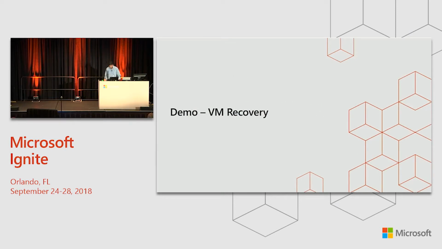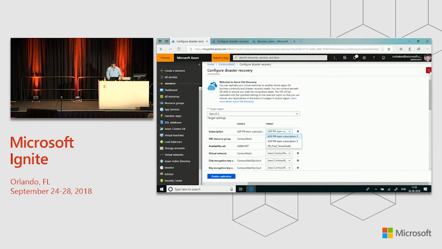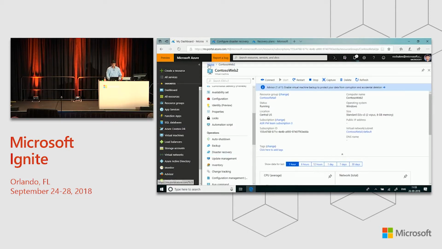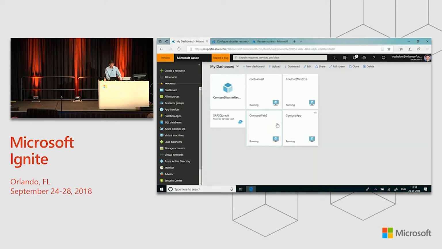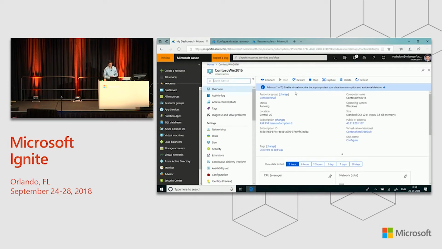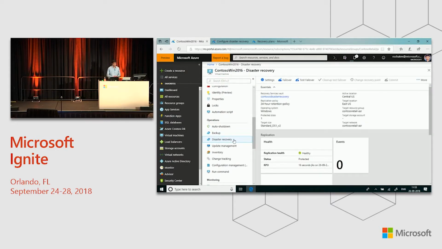Now let's go back and see how I recover the virtual machines which I have protected. So I'm going to choose another machine which has been protected and replicated, and go back to the same disaster recovery tab where I set it up. But this time, instead of creating the setup, it will show you how your machine has been replicating, including the RPO.